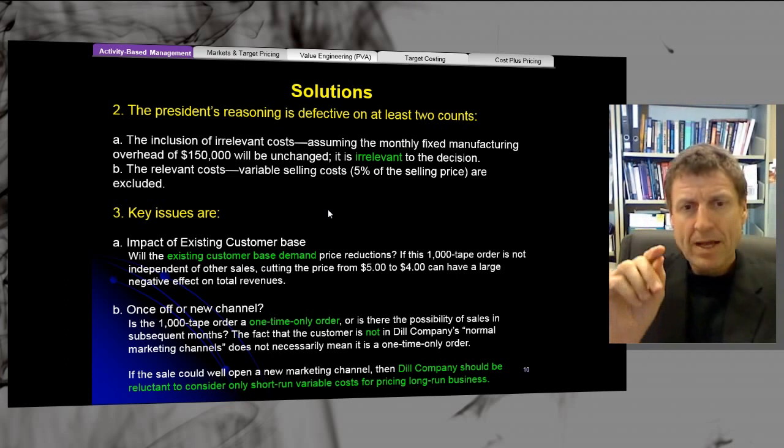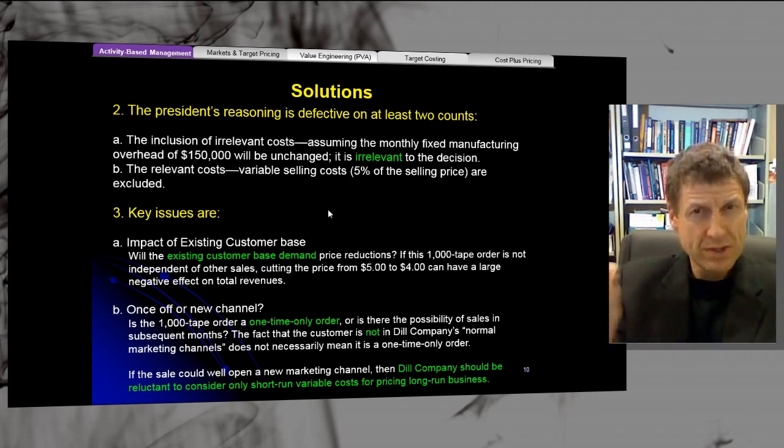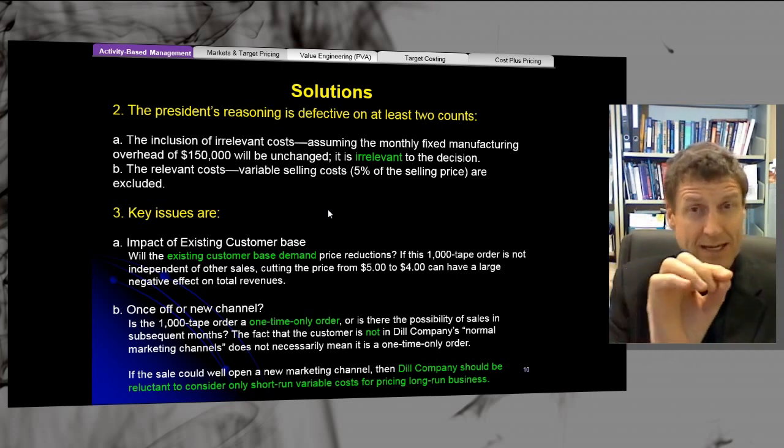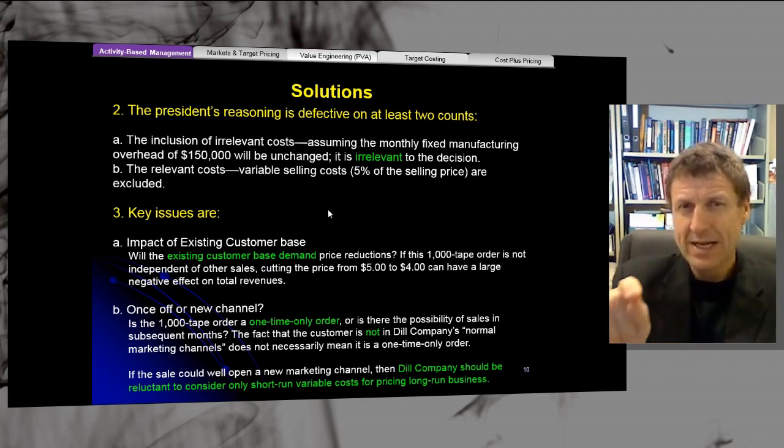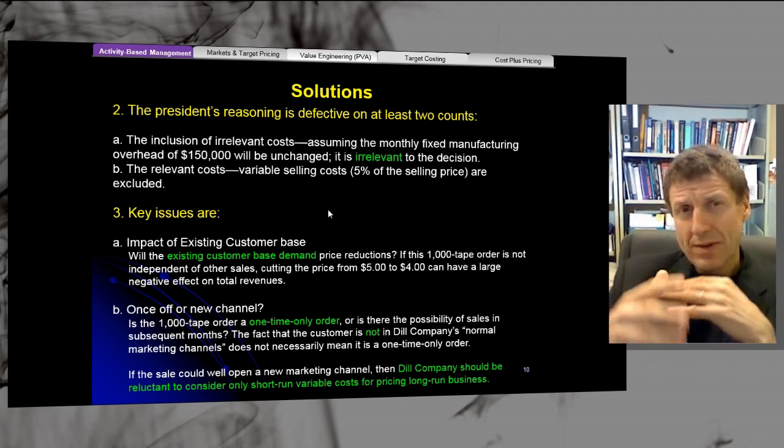However, if it's likely to be a long-term order, then we need to think how it's going to affect the existing sales. And if it's going to be long-term, then we need to start to think about allocating some of that fixed overhead. We need to allocate some of that fixed marketing costs, you see.